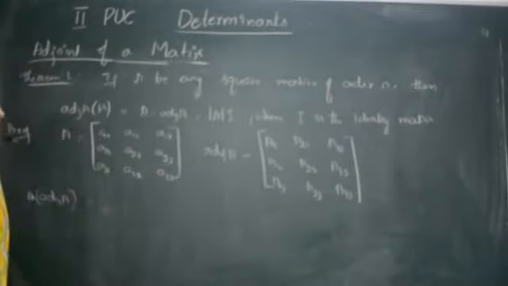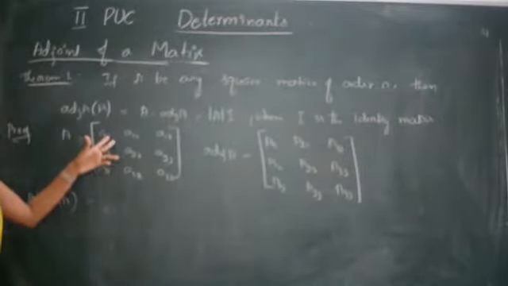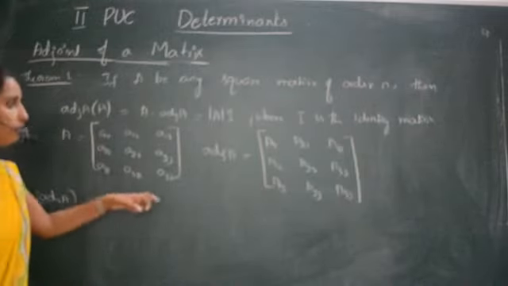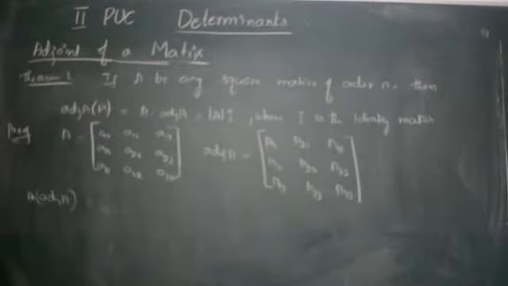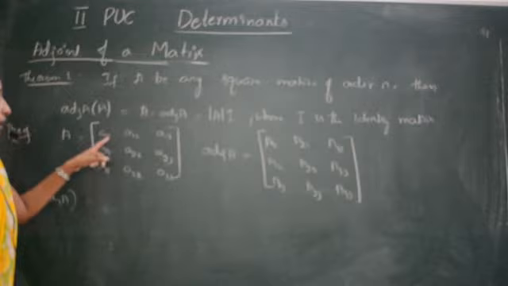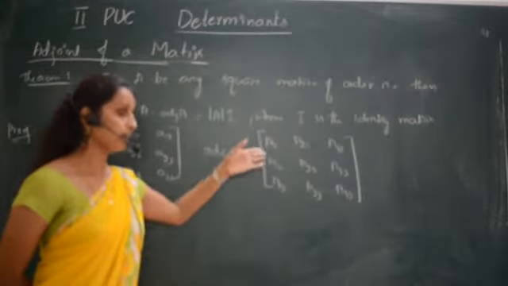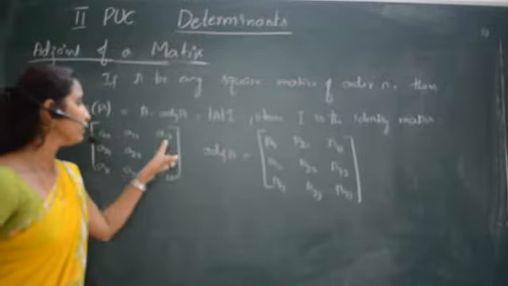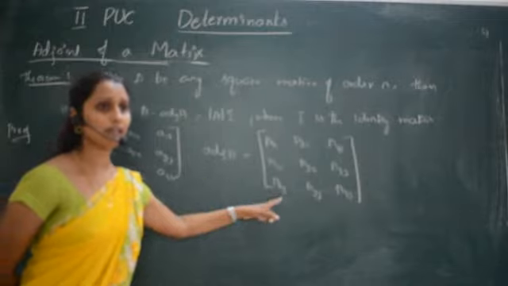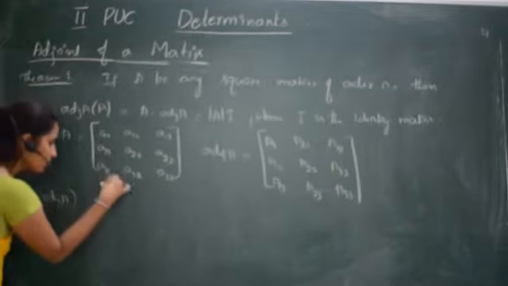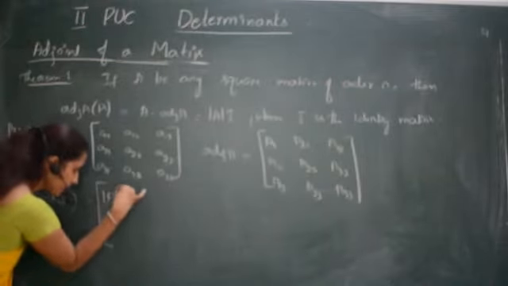Yesterday we studied that if the elements of any row are multiplied with the cofactors of the same row, that gives the determinant of the given matrix. So the first element gives the determinant of that matrix itself.